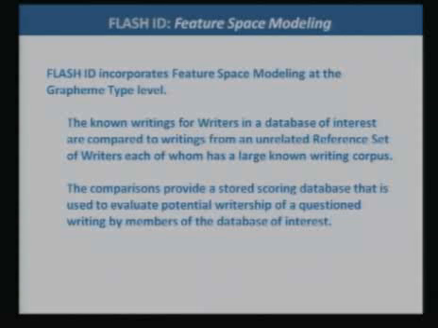And then we have a database of interest of writers, the ones that we'll be searching later on in either closed or open set fashion. And we're going to compare the known writings of the people in that database of interest to the known writings in that unrelated reference set. And those pairwise comparisons at the grapheme type level are what's stored in a database for identification.